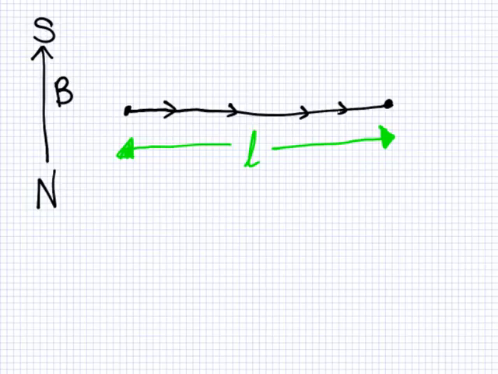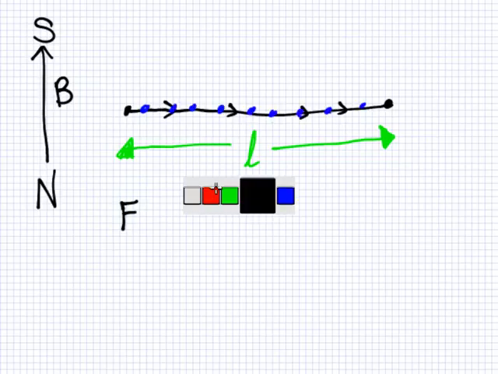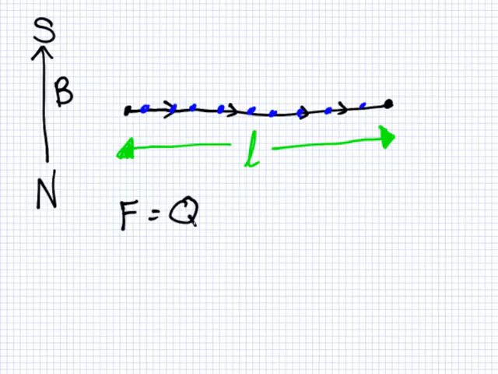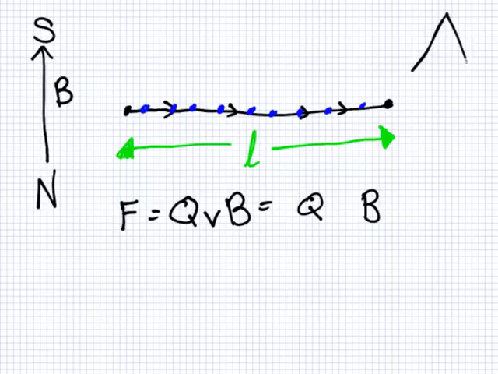So let's calculate the force here. Remember last time we had the formula that the force equals Q V B. We picture all the charges moving along here. But what's V? Well, that's the velocity of the charge, how quickly these charges are moving. What's another formula for velocity? Remember the triangle?